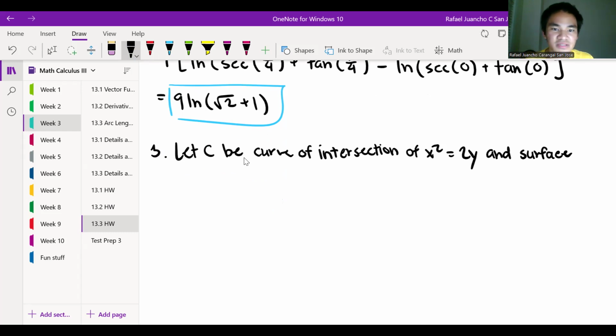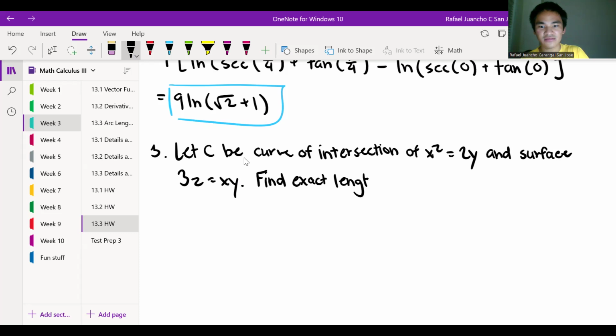The first one was a parabolic cylinder because z is 0. And the surface, 3z equals xy, is a quadric surface. Here we're being asked to find the exact length of C.